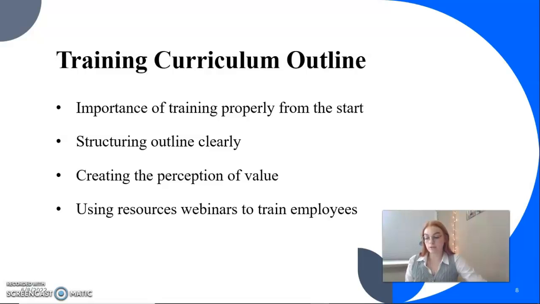Materials and resources needed are a working laptop or a tablet device, charger for device, notebook, notepad, and a pen and pencil.